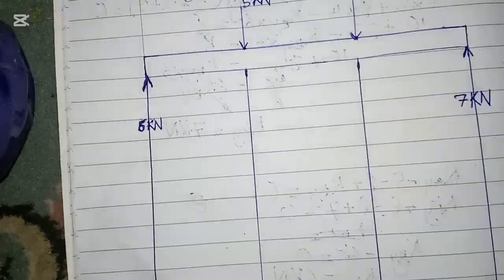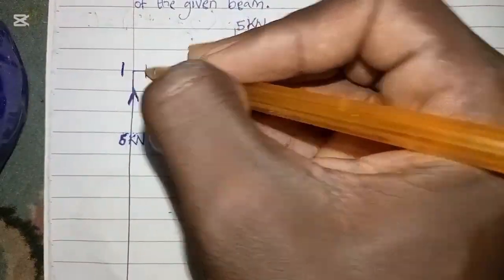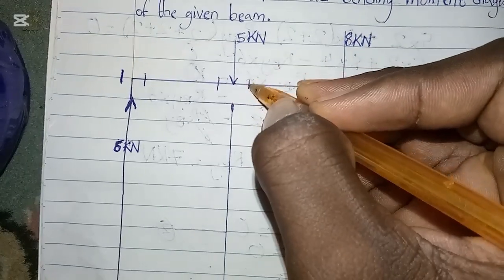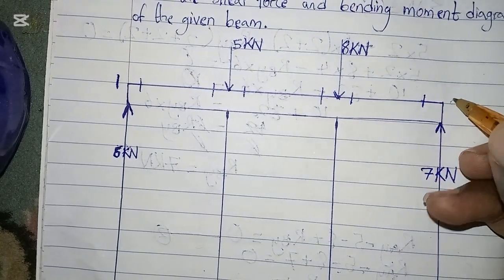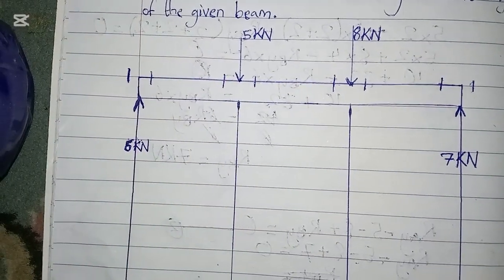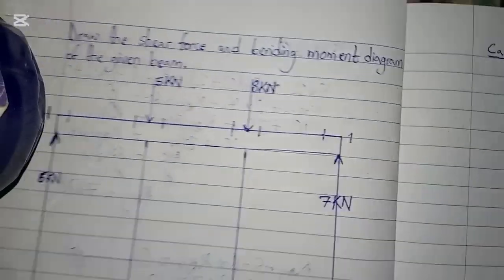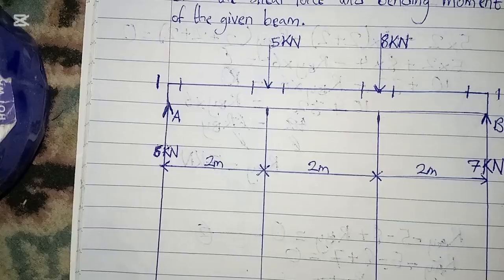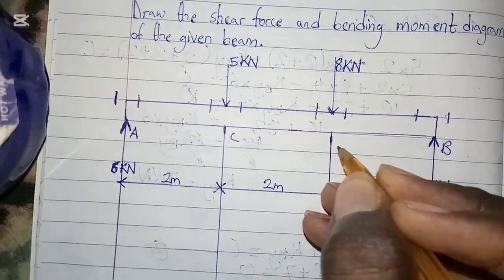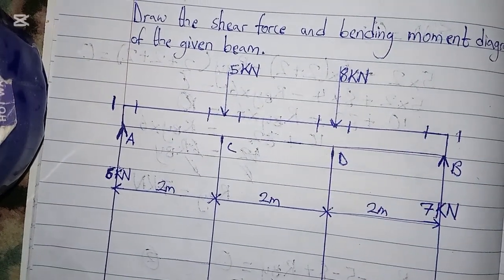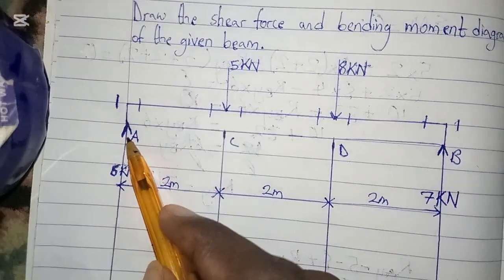So you will come here, you will bring this indication here, here, here. This is what we are going to use to calculate the shear force. Okay, so we have points A, B, C, D, right? So we are going to start from shear force at point A.